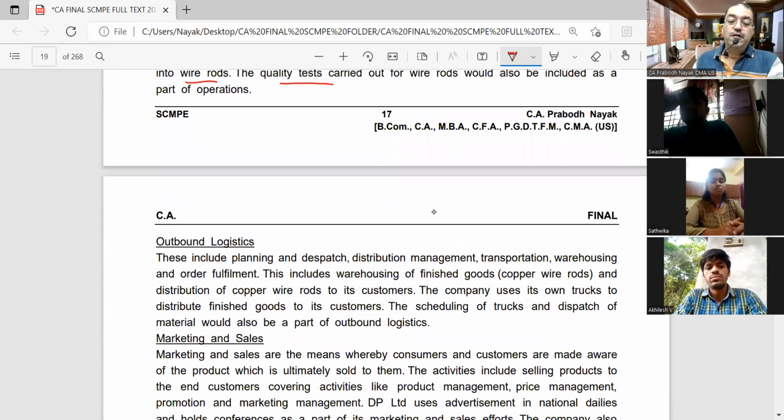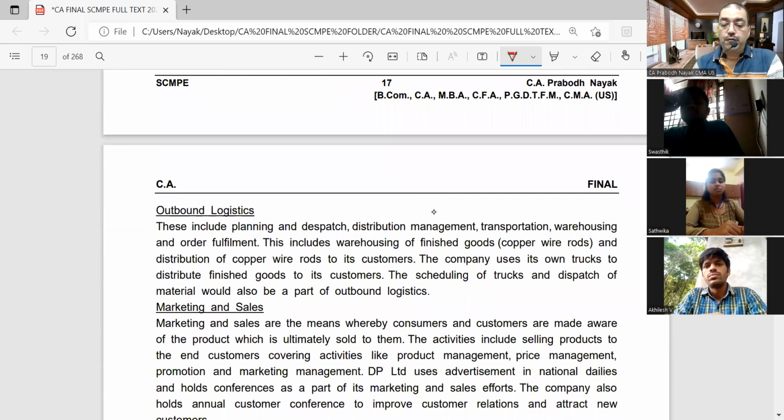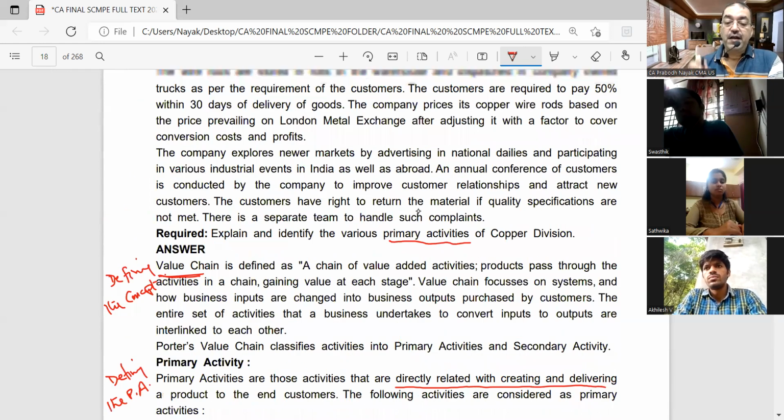Okay. Outbound logistics: distribution of those particular outputs, planning and dispatch, distribution management, transportation, warehousing. So distributing, warehousing of finished goods, distribution of the copper rods to its customers. And what they have said here, you have to identify the activity.